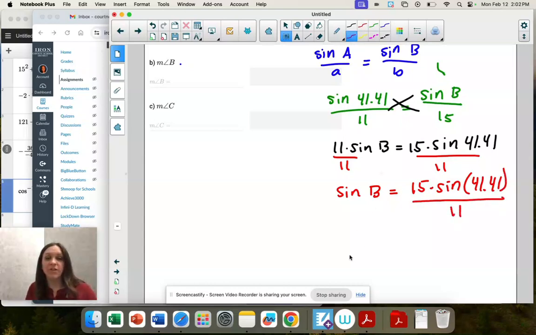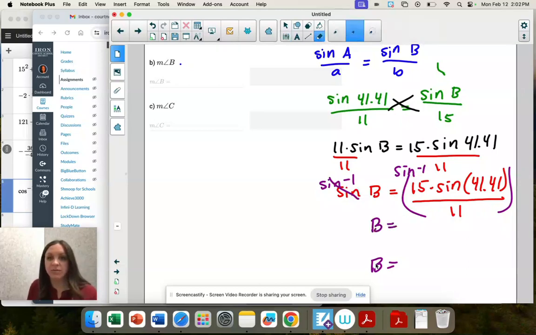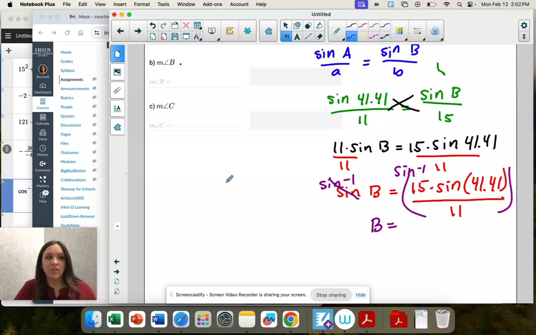Remember, when you're solving for an angle, you have to take the inverse. That's how you get rid of sine. So I'm going to take sine inverse of both sides. That's 1, and now we're just left with B. Then this whole thing goes in the calculator.